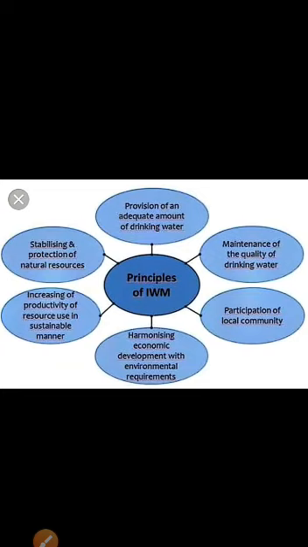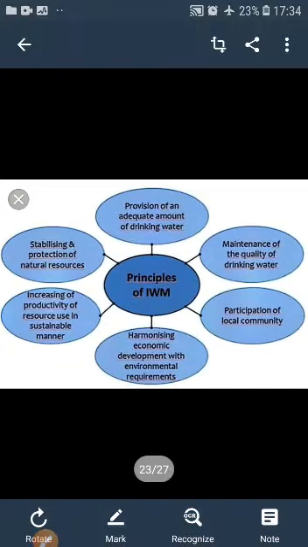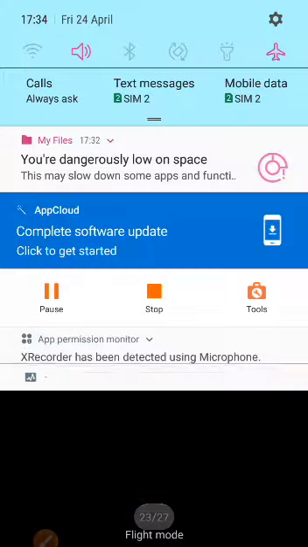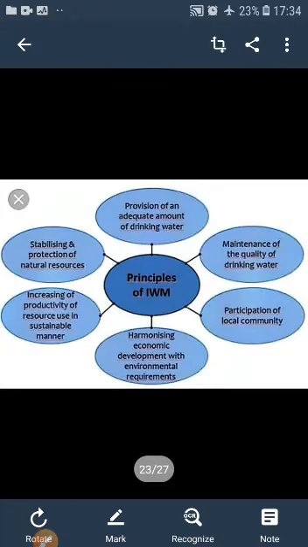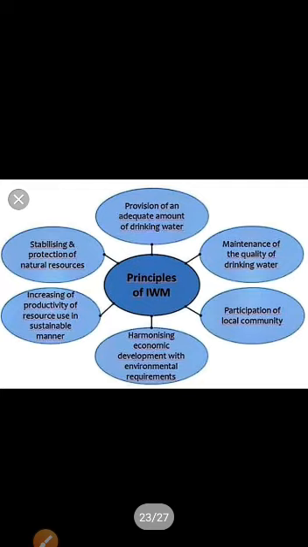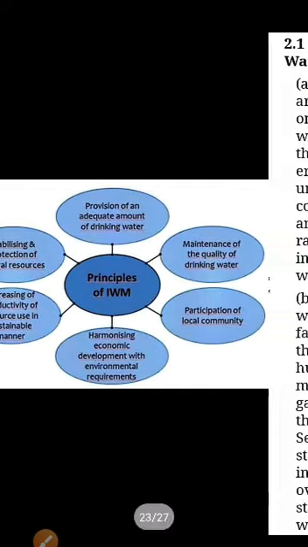We should keep in mind that we are using our natural resources, so it should be done in a very proper way. The sixth is stabilizing and protecting natural resources; there should be a stabilization process, and protection measures should be taken while using our natural resources. So these are the common principles of integrated watershed management.